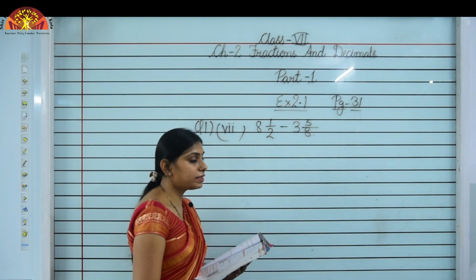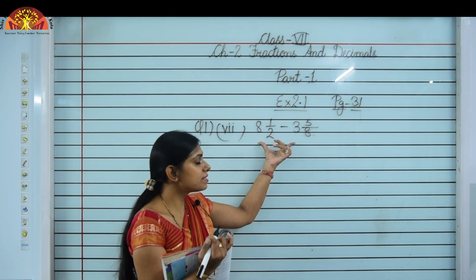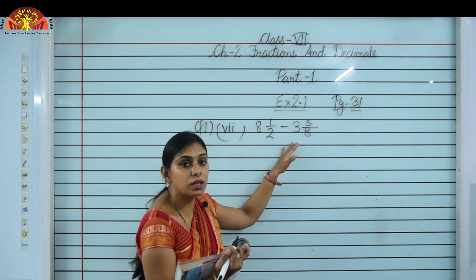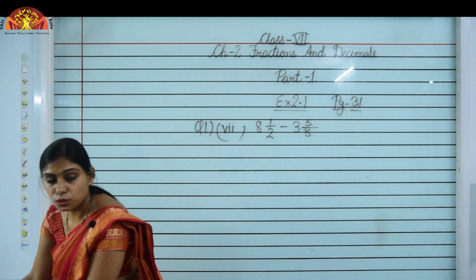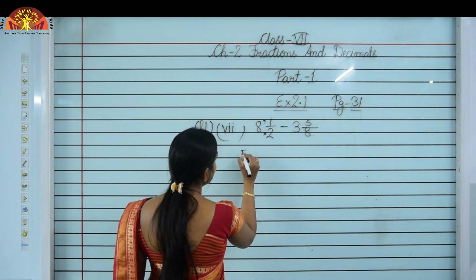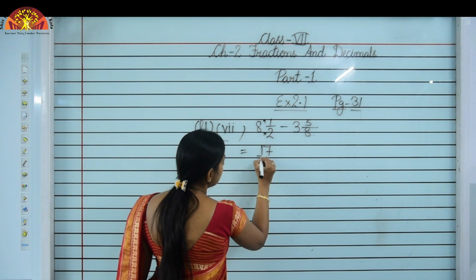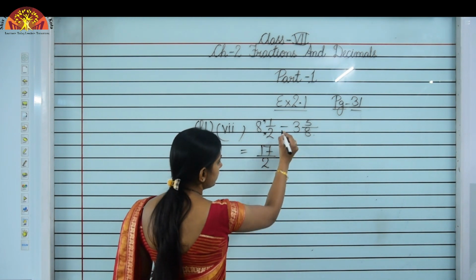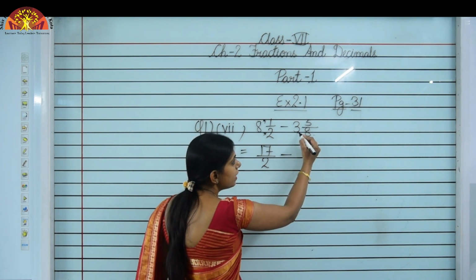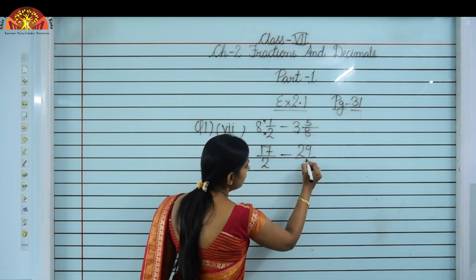Now you can see, children, that you have to perform the subtraction over here, and the fractions are mixed fractions. So first of all you will change it into the improper fraction. So just see over here, that is 2 into 8 plus 1. So 2 8s are 16 plus 1, that is 17 upon 2. Here the minus sign. Now 8 3s are 24 and 24 plus 5 is 29 upon 8.